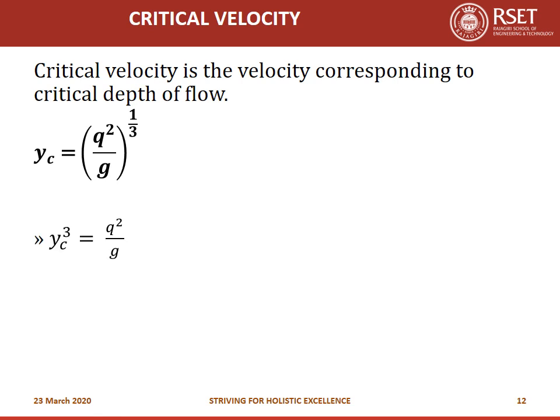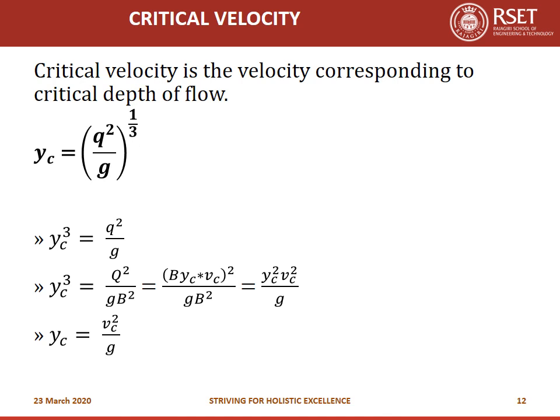YC cube is equal to Q squared by G. Now I know that small letter q stands for discharge per unit width, that is capital Q by B. So small q squared can be replaced by capital Q squared by B squared. Capital Q, discharge, is area into velocity, so that becomes B into YC into VC, the whole square. Solving, I'll get YC cube is equal to YC squared VC squared by G, and simplifying I'll get YC equal to VC squared by G.